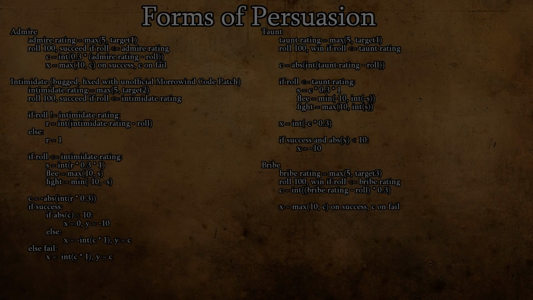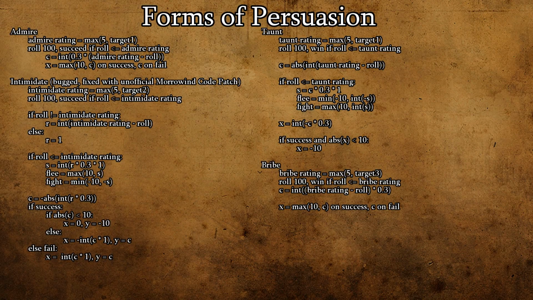So, as I said, as we've been covering these forms of persuasion, I've been throwing up various related formulae used in calculating them. As is often my approach, I want to cover the parts of these formulae that are relevant to us while playing, because it's just ridiculous to expect anyone to plug in numbers while playing. So, in each formula, you'll notice a target variable.